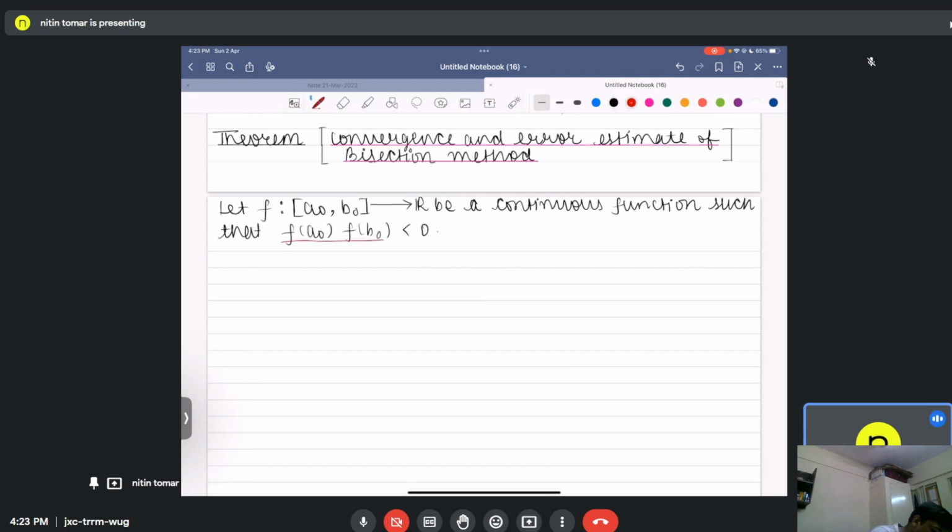This assumption is necessary so as to ensure, by the intermediate value theorem, that the root lies in the open interval (a0, b0).